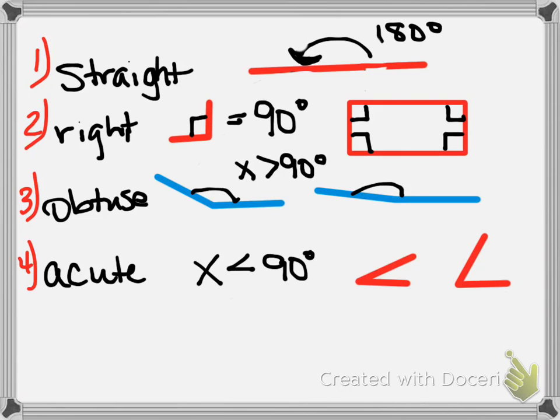Now I'll tell you a way to cheat on an electronic test. Most tests you're given scratch paper, and the edge of your scratch paper is a 90-degree angle. You can actually hold that up to your screen, and if the angle is bigger than the edge of your paper, it would be obtuse, and if it's less than, it will be acute.